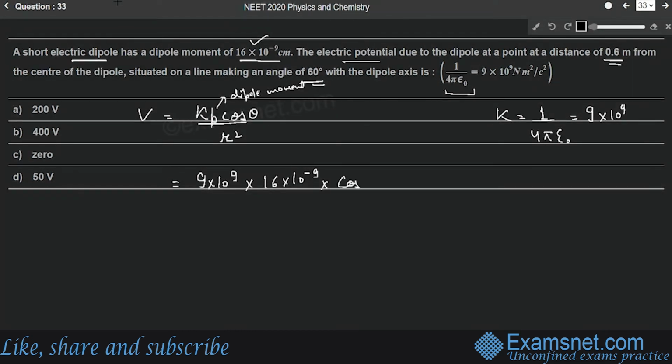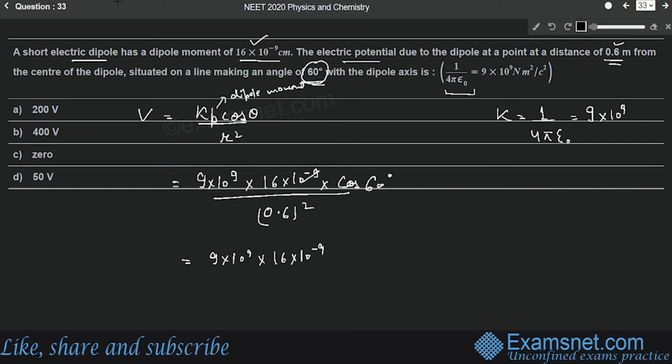So theta is the angle which is mentioned as 60 degree. So cos 60 degree, right? And here r is the distance of the point from the center of the dipole, that is given as 0.6 meter. So here we have to find out the square of r, that means square of 0.6 meter. Okay. So 9 into 10 to the power 9 into 16 into 10 to the power minus 9.